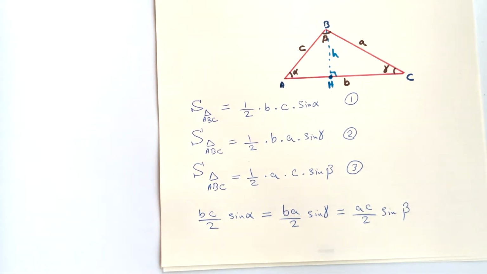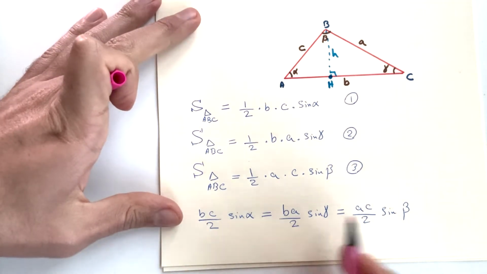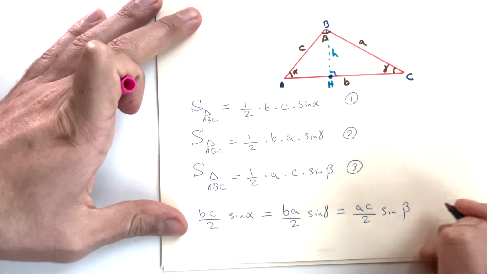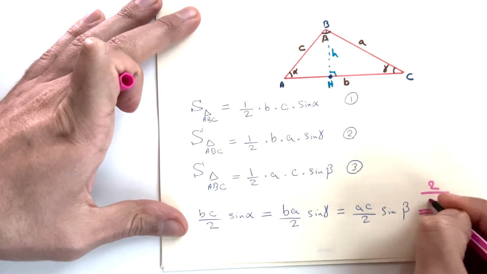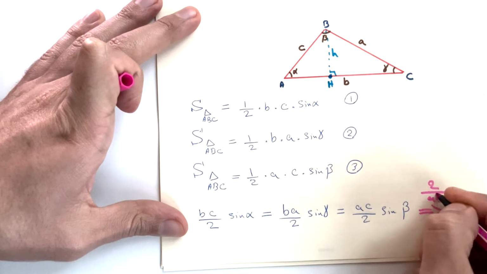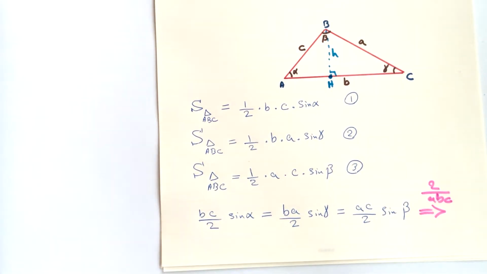Now, if I multiply all the sides of this equation by, let's say, 2/ABC, let's see what we'll have.